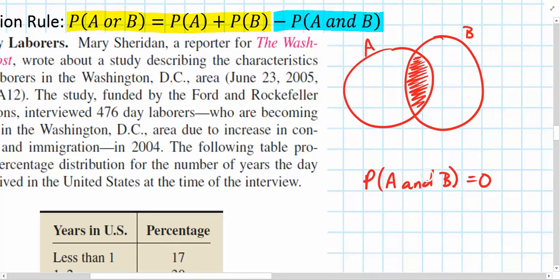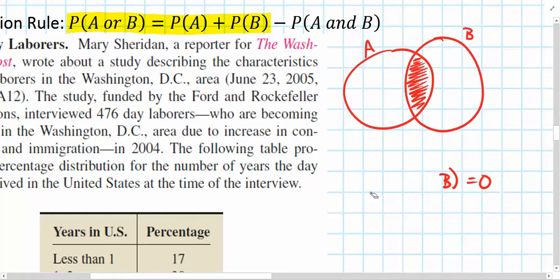There's no way that A and B can happen together at the same time in mutually exclusive events. So if this probability came out to be 0, it essentially disappears from the equation, and that's why the special addition rule looks the way that it does.